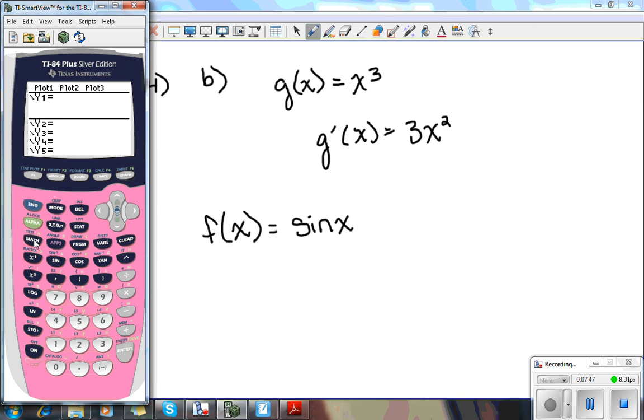Ryan, when you do this, you're going to hit math, and I believe it's under num. Oops, maybe not. Math. Oh, I went past it, didn't I? It's right under math, inderiv.